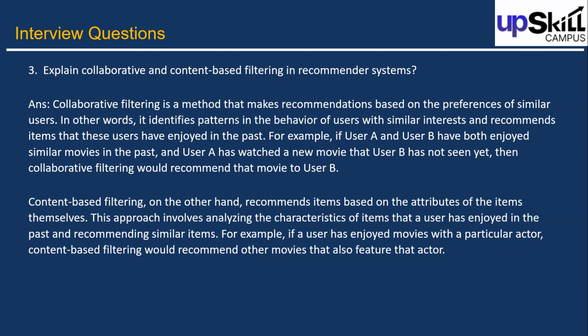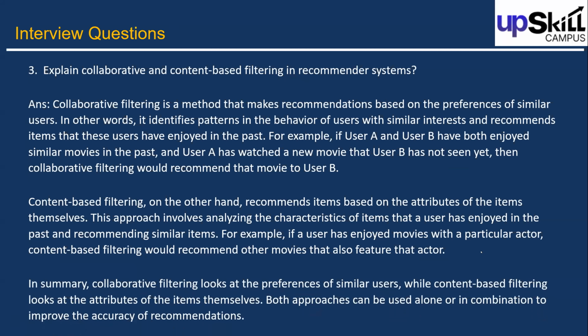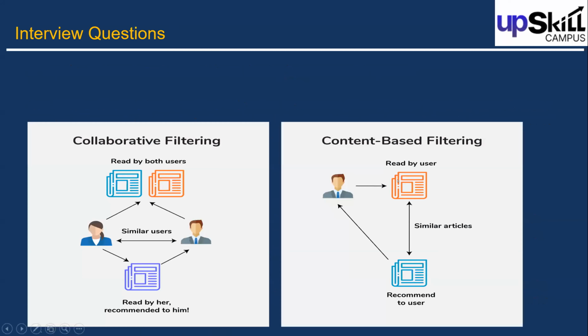But it also analyzes your past history. If I bought phones and earphones, electronic items, it sees my past history and recommends me some more electronic items. So collaborative is based on preference of similar users, and content-based filtering is based on the attributes of items as well as your past history.